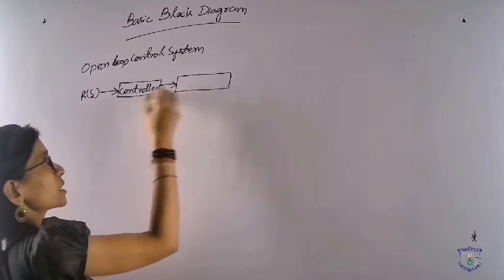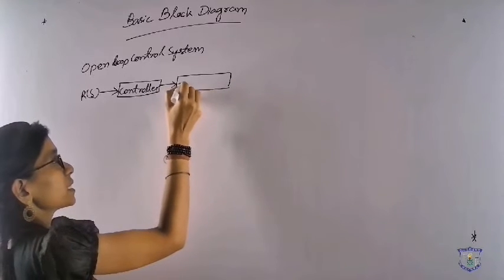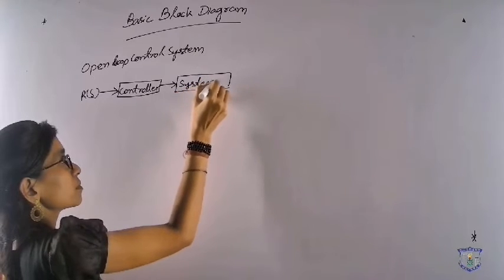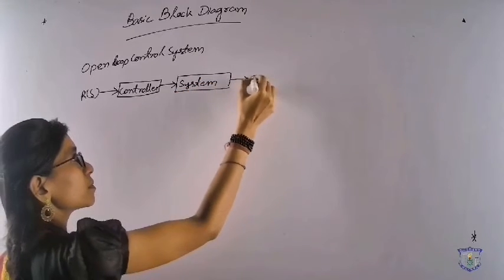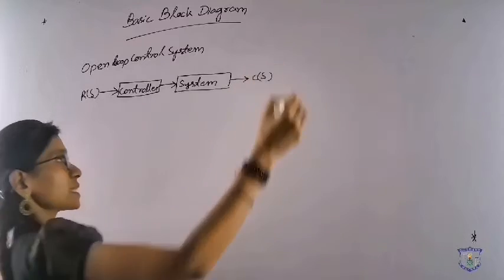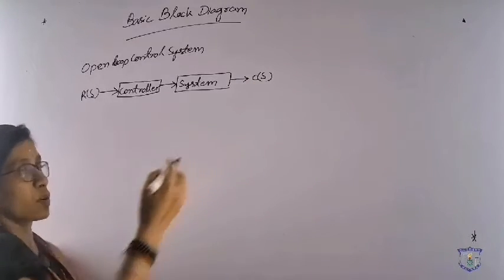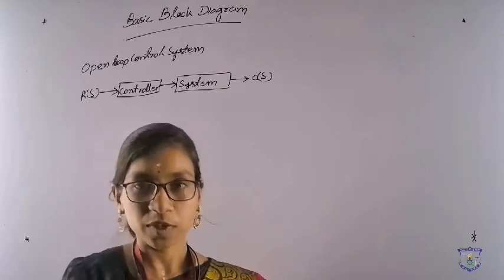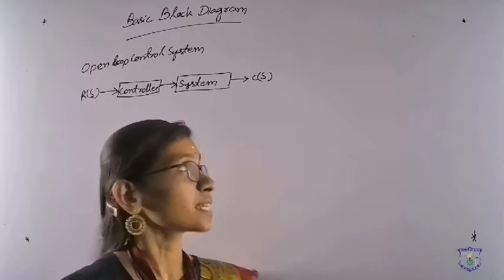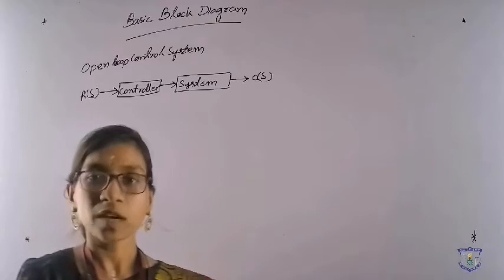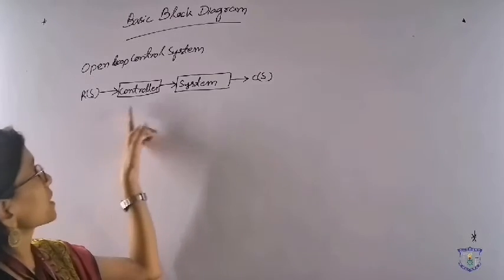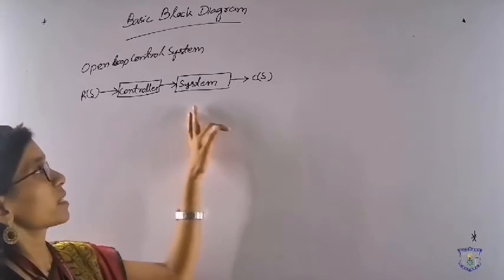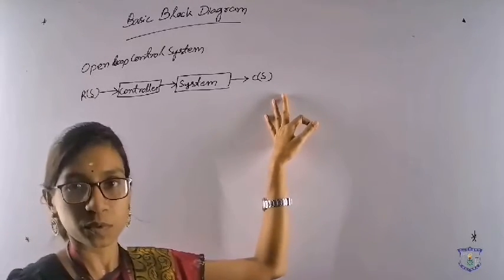The output of the controller block is directly connected to the system. This is the output. Each time, manually, we check whether we are getting the desired output or not. If we are not, this controller block will manually vary the input so that we can get the desired output.